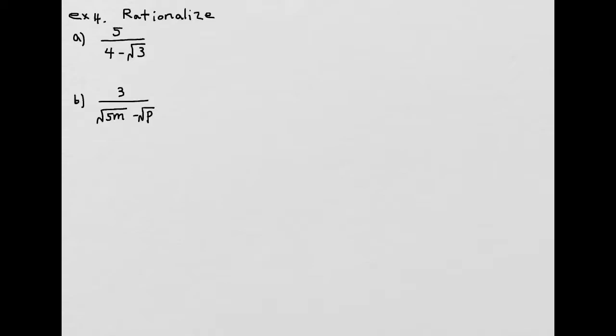For example, if we have a minus b, the conjugate of a minus b is going to be a plus b. So the same numbers with the opposite sign between.